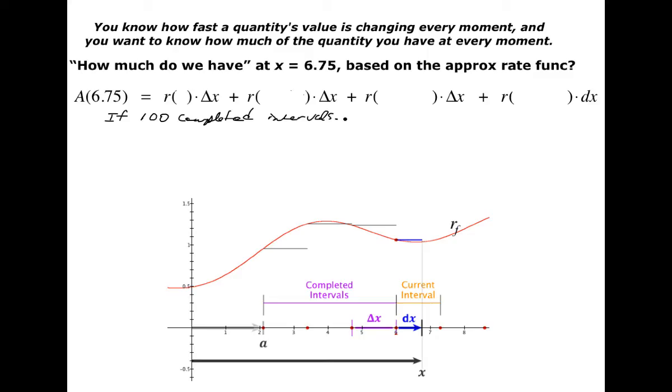Okay, I walked around and lots of you either got it or something really close, so let's work through it together. I want to write A of 6.75. Instead of 3 completed intervals, how many completed intervals do we have? If the current interval is the 101st interval, that means we have 100 completed intervals.